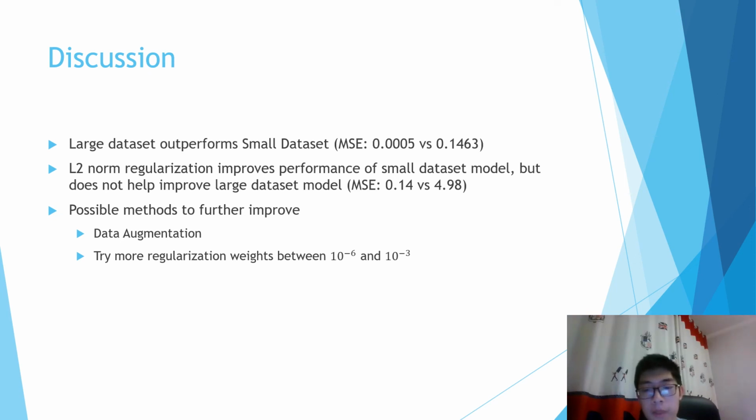Also, we can use different regularization weights. The two weights, 10 to the power of -3 and 10 to the power of -6, are quite far apart. Maybe we can pick some middle ones, like -4 and -5, and see if they give better results.